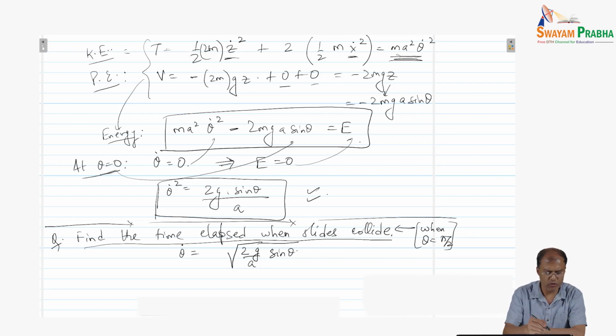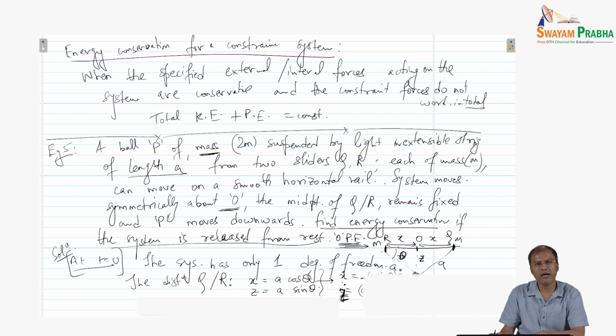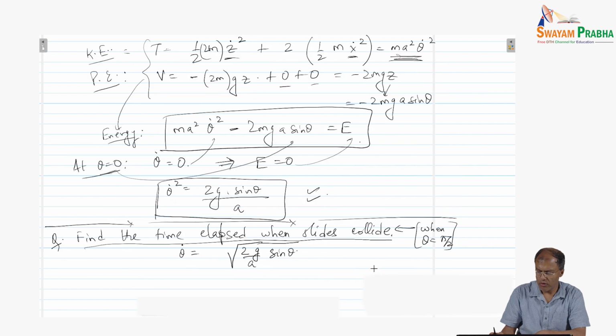Remember, let us go back to the diagram. When this distance x goes to 0, which happens when theta becomes 90 degrees, that is when we have to find the time. From this conservation principle, we invert the relation to an integral form.